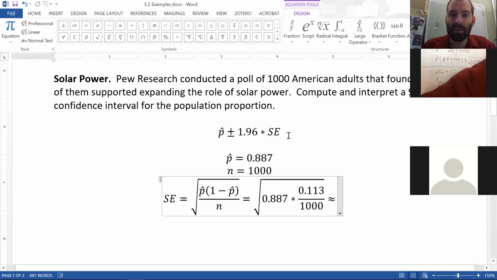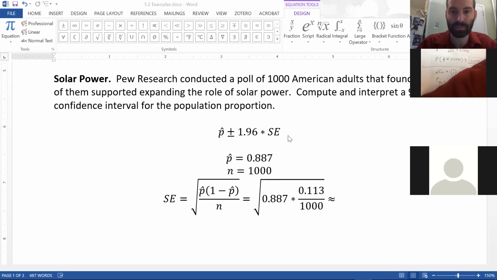I'm getting used to this calculator. Can't find the square root button. Okay, I'll just raise it to the power 1/2 then. That's the same thing.